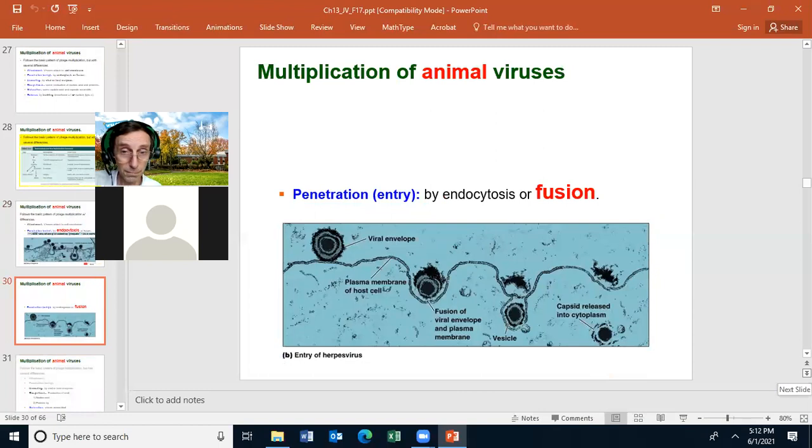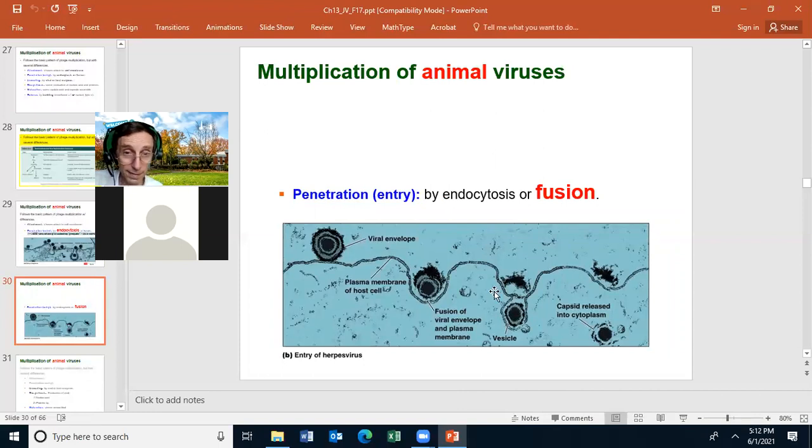Fusion. Oh no, this is an actual electron microscopic image of, I think it's endocytosis in an electron microscopic image. Nope, it's fusion.